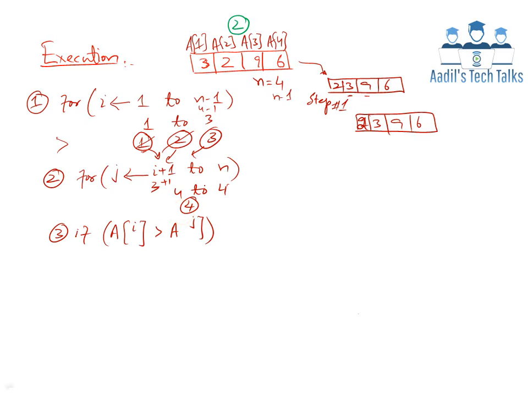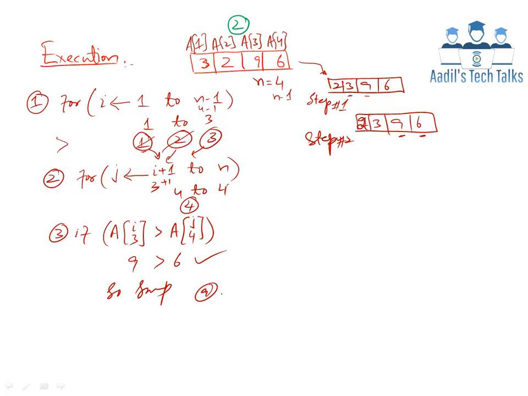This means only one value, 4. Now A[i] is A3, A[j] is A4. On location number 3 in step number 2's result, we have got 9, and on location number 4 we have 6. Is 9 greater than 6? Yes, 9 is greater than 6, so swap.